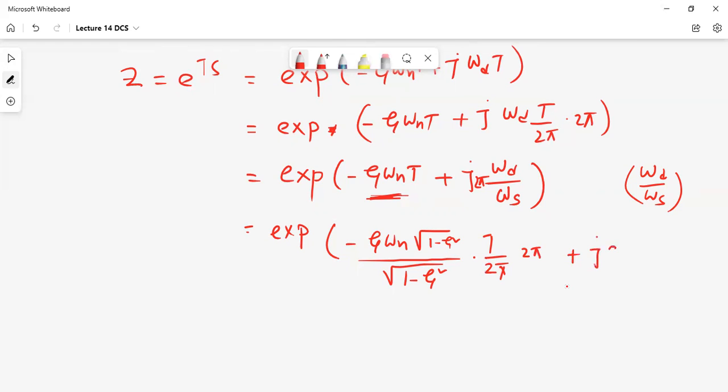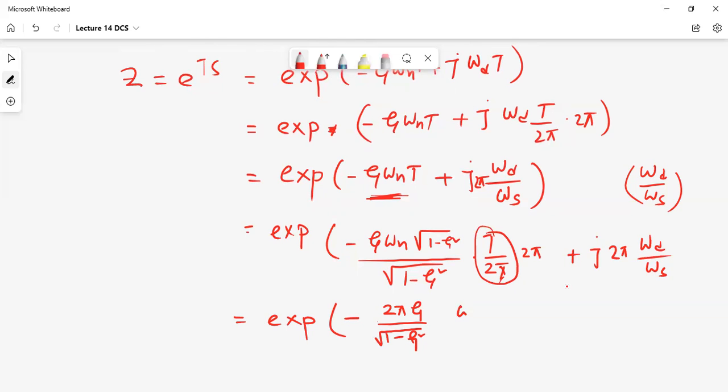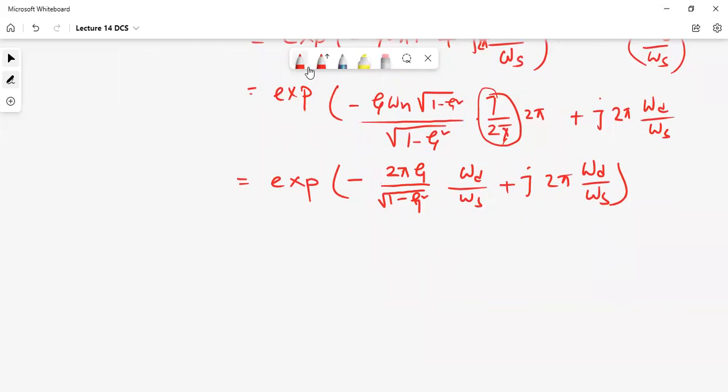Finally, we can write e to the exponential of minus twice pi zeta by root of 1 minus zeta square, times omega d by omega s, plus j twice pi omega d by omega s.